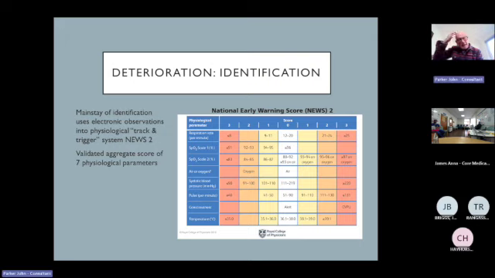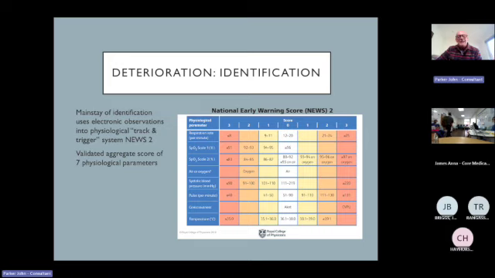So that's prevention. Identification. So identifying patients with deterioration. Over the past 20 years or so, various early warning scores have essentially evolved into the National Early Warning Score version 2, NEWS 2, and that is now the basic currency throughout the NHS of detecting deteriorating patients, and is based essentially on a physiological track and trigger system that you see here.